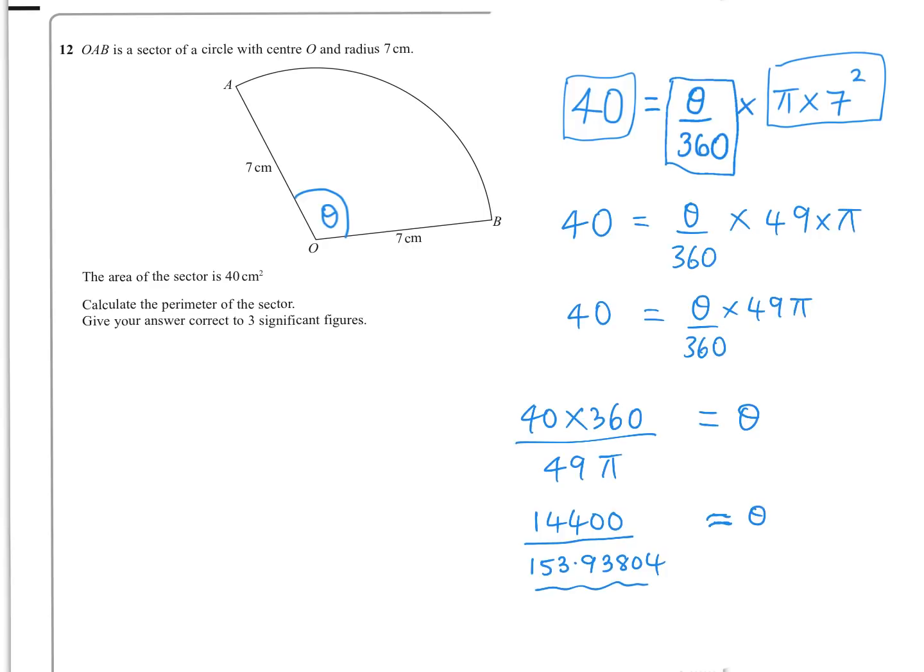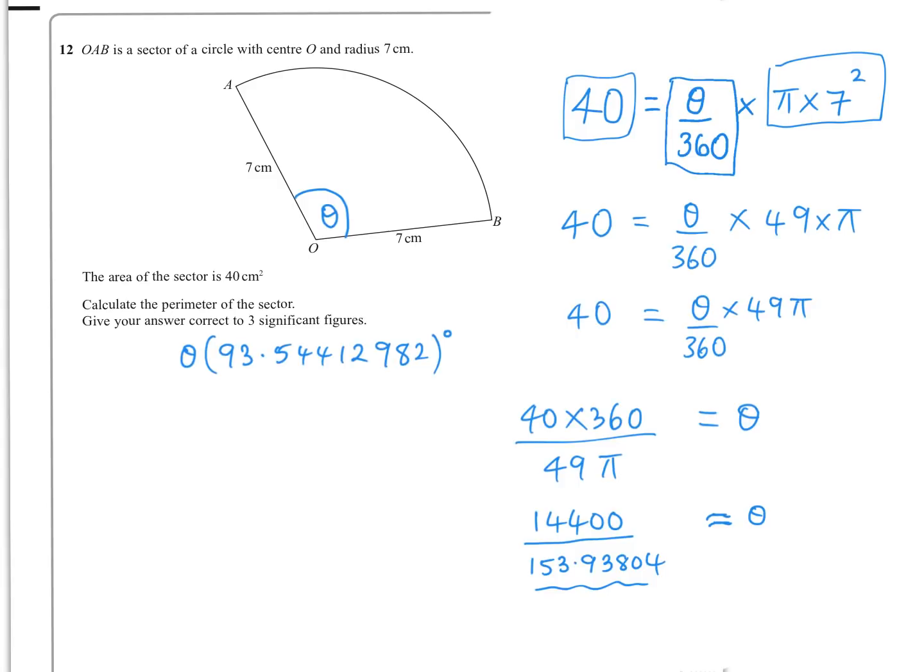And so 14,400 divided by 153.93804, that's going to give us theta as 93.54412982 degrees. So that's the first part of the question.